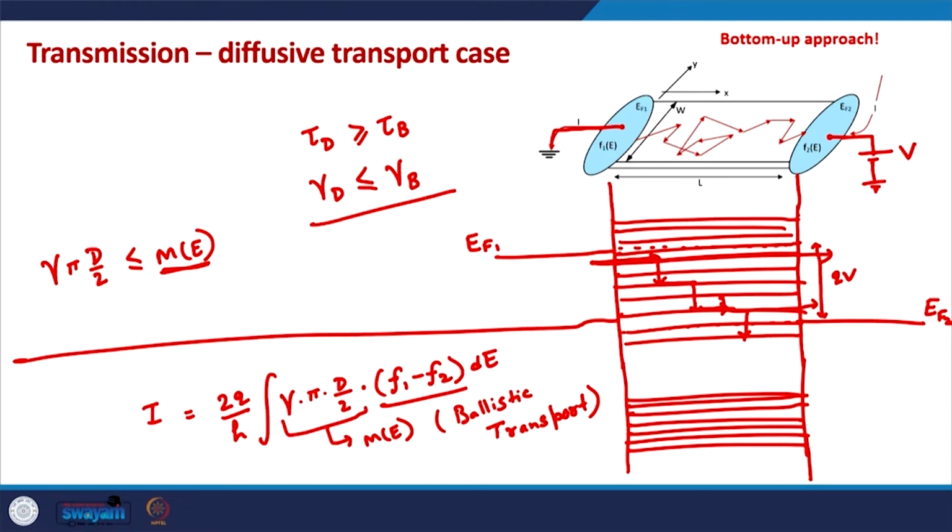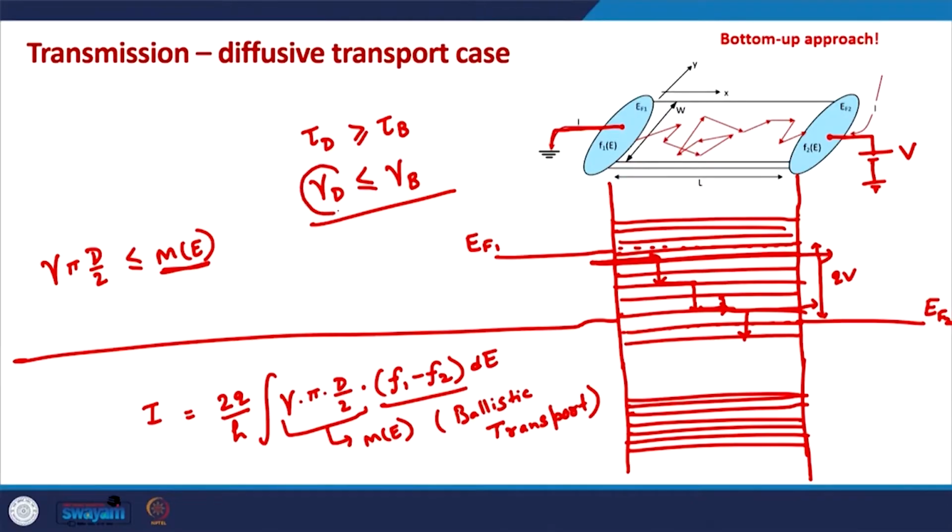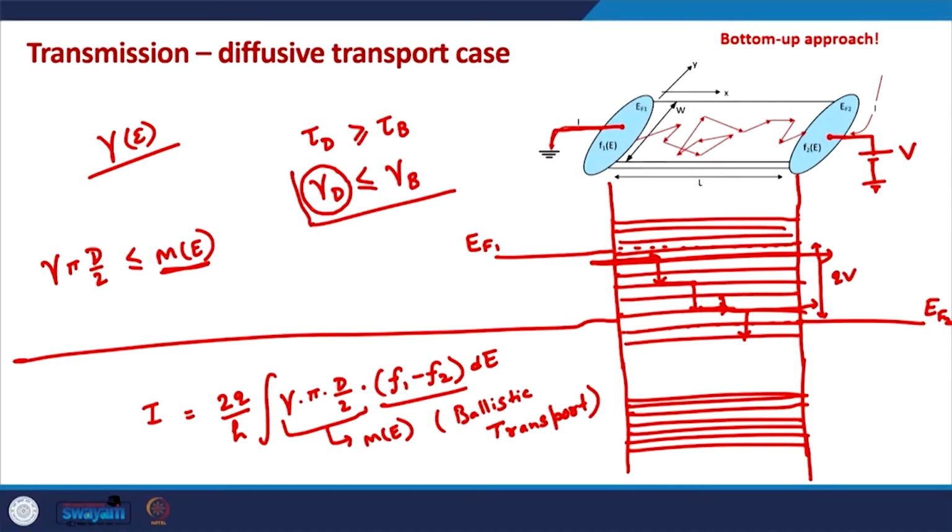Now, since gamma in the case of diffusive transport is less than gamma in the case of ballistic transport, please keep in mind that gamma is finally a function of energy. So, at different energy values, this gamma is different. In general, when we talk about gamma, we talk about an average gamma. So, that is why we could write that gamma in the diffusive transport case is less than gamma in the ballistic transport case.